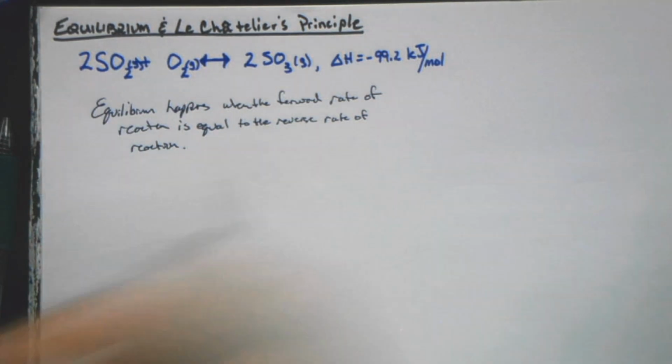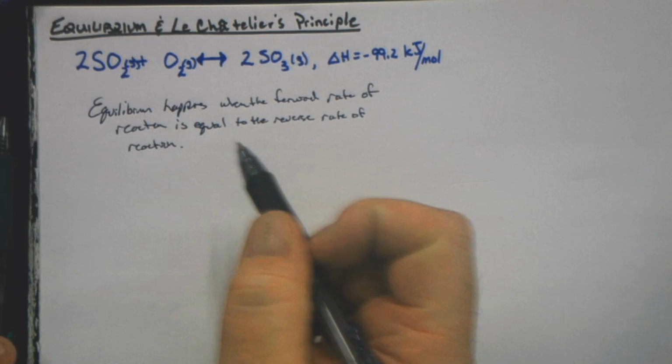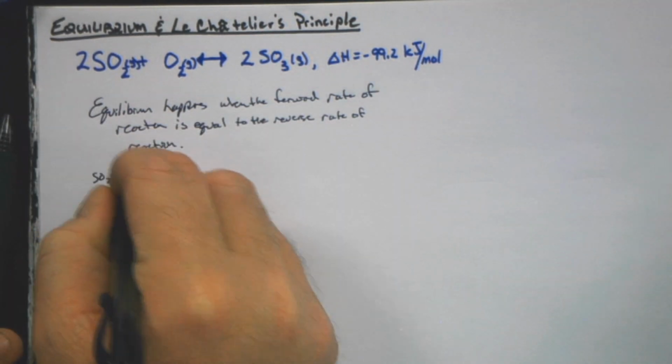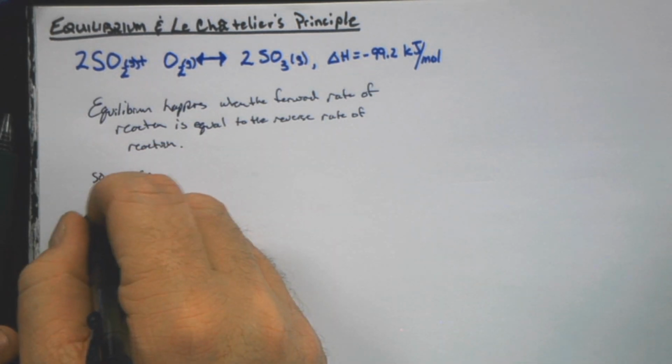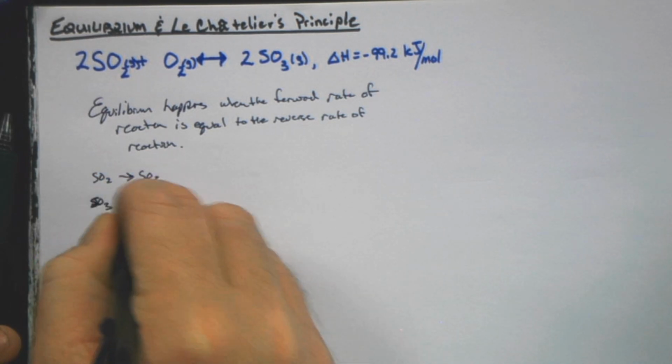Okay, so I'm going to give you guys 2 scenarios here. It's going to be shorthand, it's not going to be the actual equation, but we are turning SO2 into SO3, and then we have the reverse reaction, which is turning the SO3 into SO2 again.